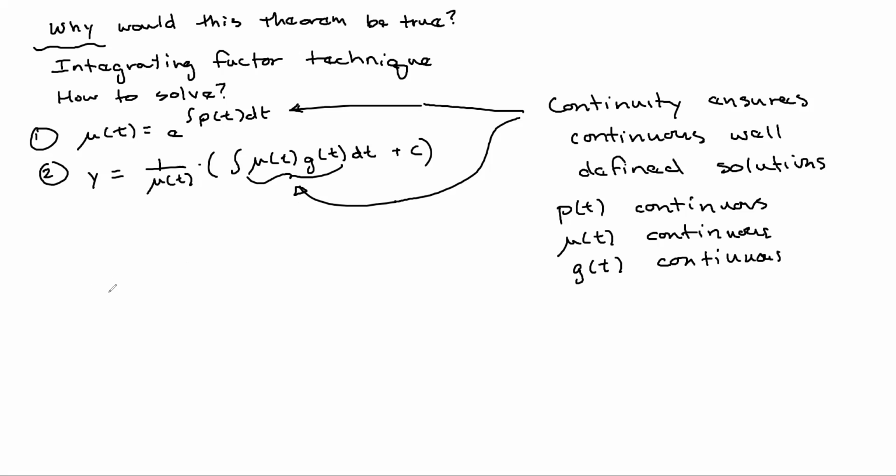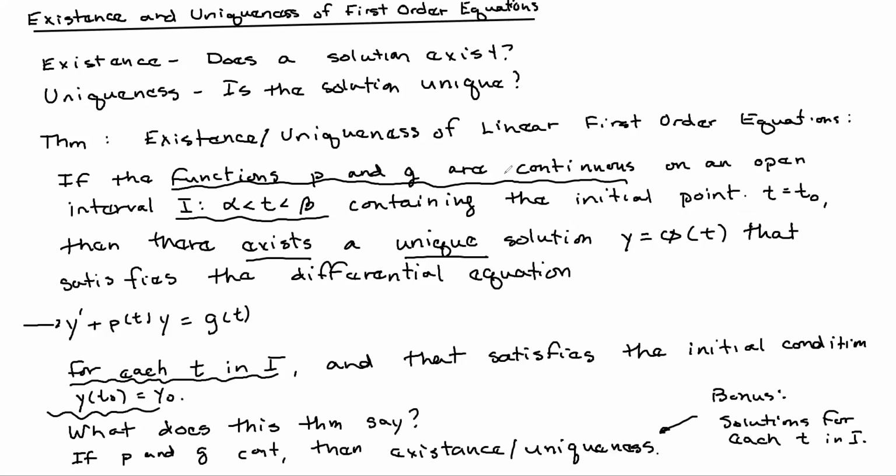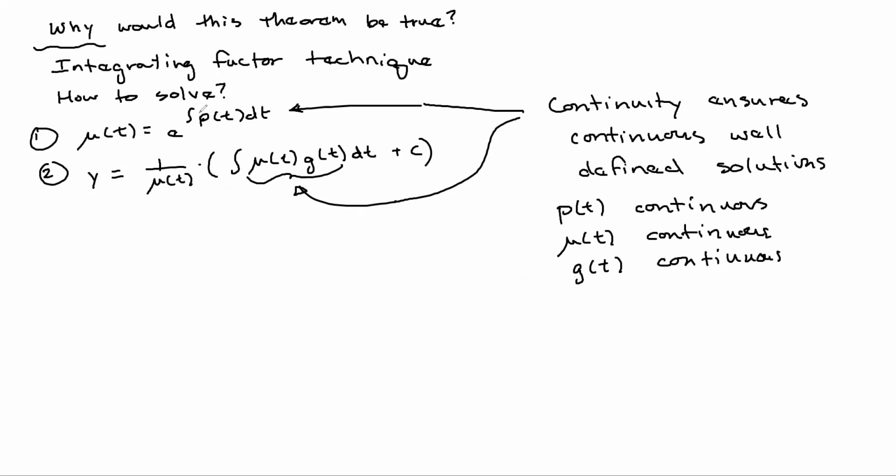But one thing that I do want to be clear about is that if P or G is not continuous, then that doesn't really tell us much about the rest of the problem. If P is not continuous, is it possible to integrate it and end up getting something nicely defined for mu?